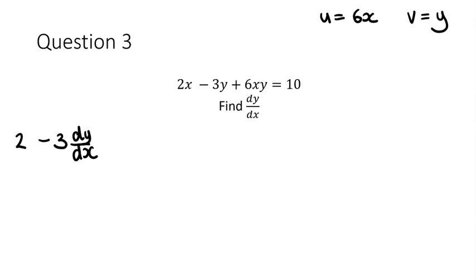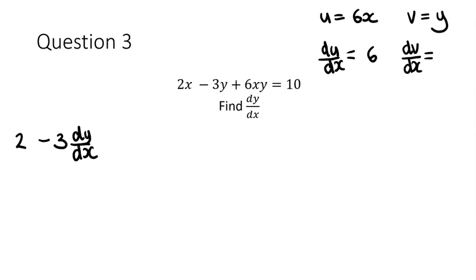So using the product rule here, as we did in the previous problem, we need to find du by dx. Differentiate 6x, that gives you 6. And then I'm also going to find dv by dx. Now, because I'm differentiating a y here, I differentiate y with respect to y, which just gives me 1.